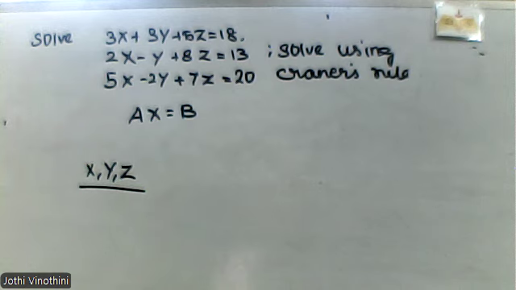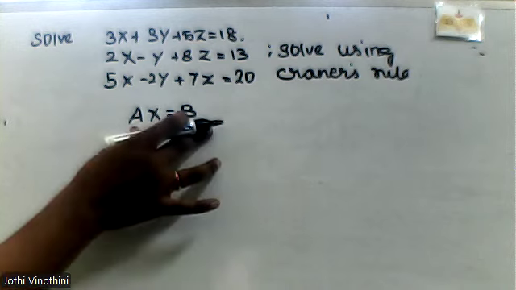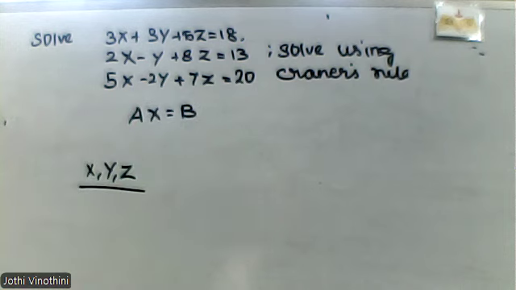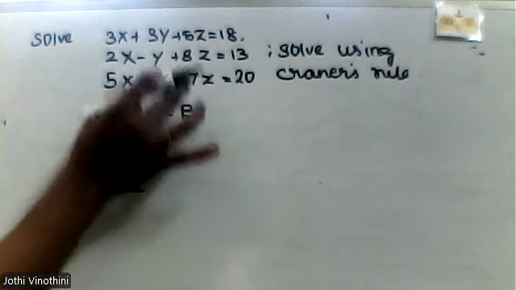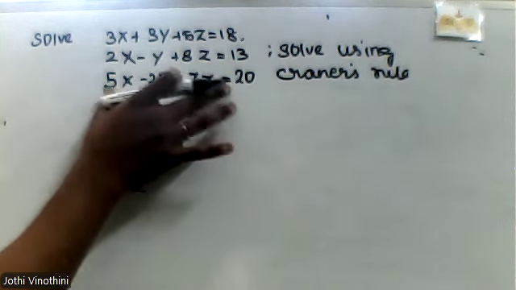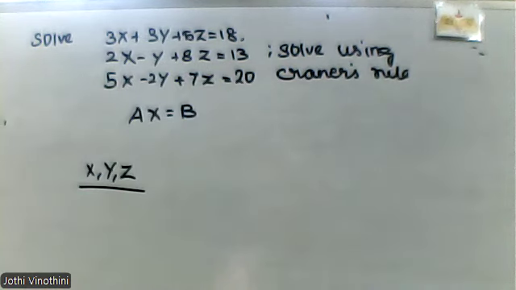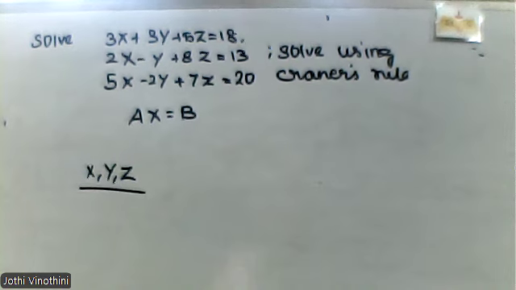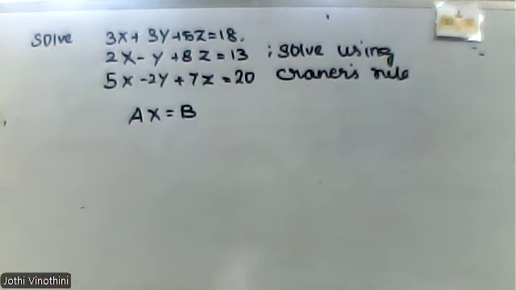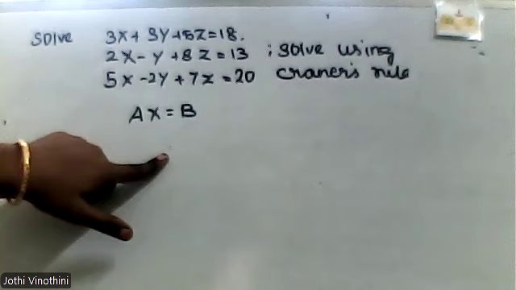They also said you have to do it with Cramer's rule. For that, I am going to explain what Cramer's rule is first. We are going to replace these linear equations with matrices so that we can easily find the answers. For that I am writing the formula AX equals B.